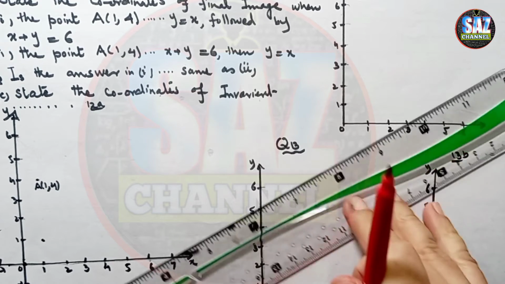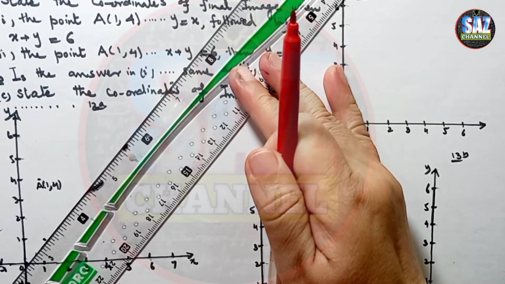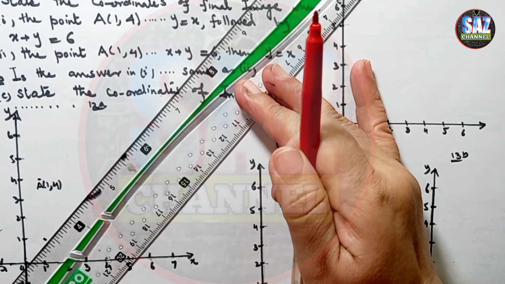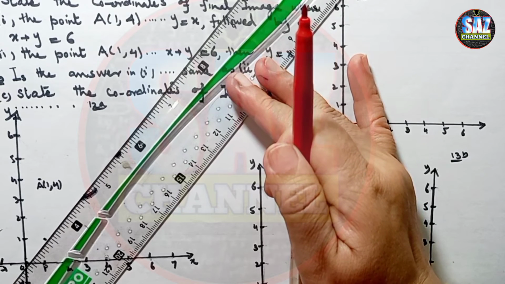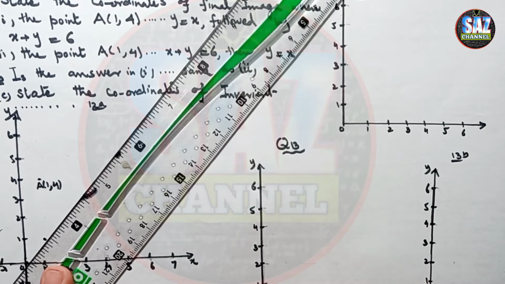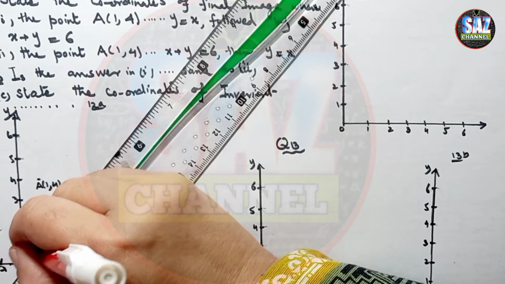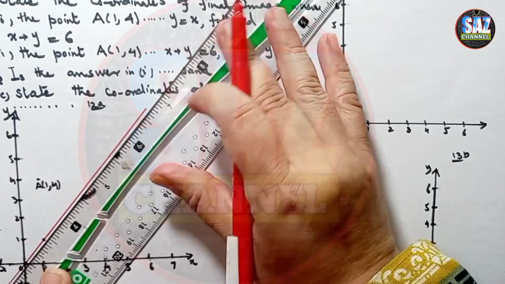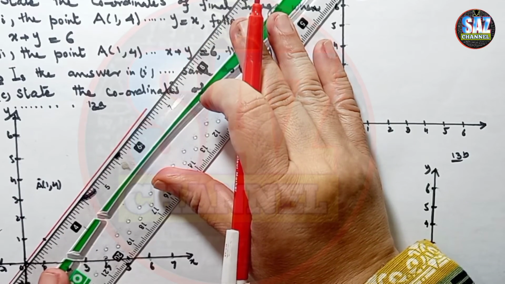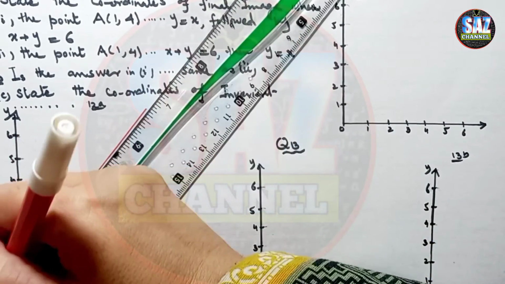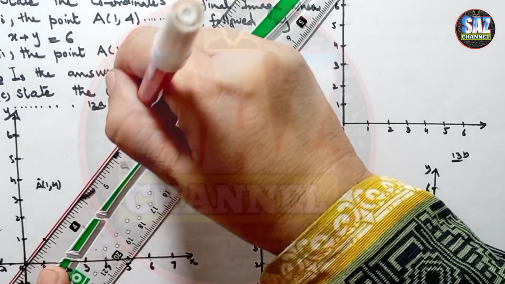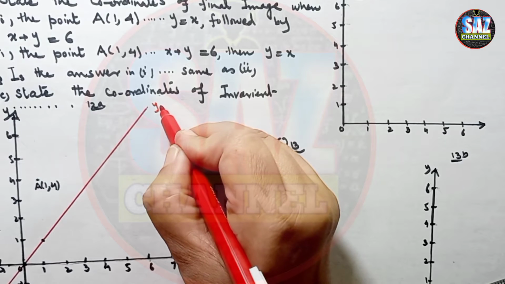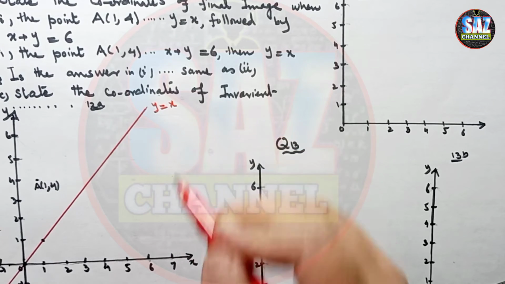Otherwise I can recall the rule of y equals x as well, that for the reflection in y equals x, I have to switch over the coordinates, and if the object is (1,4), the image will be at (4,1).